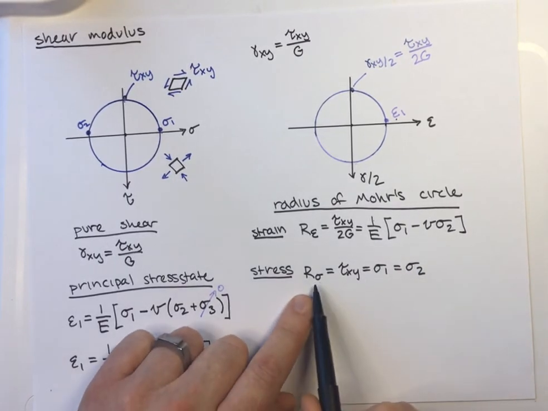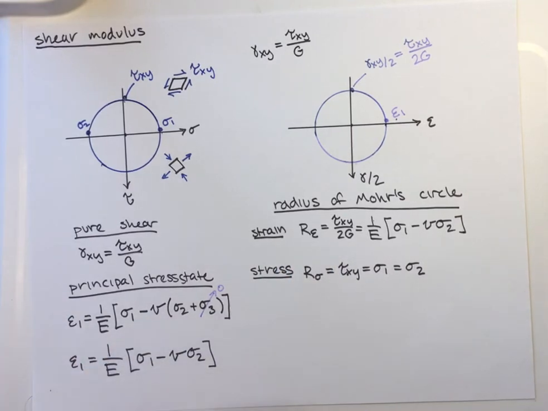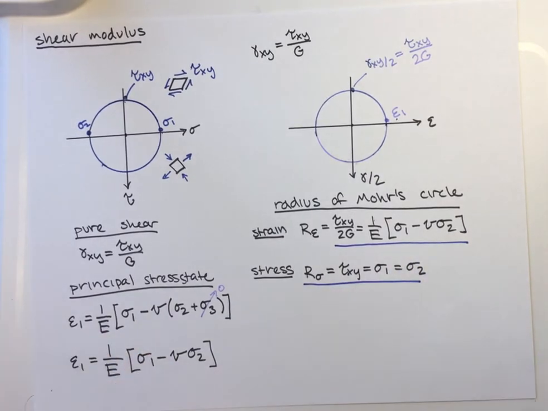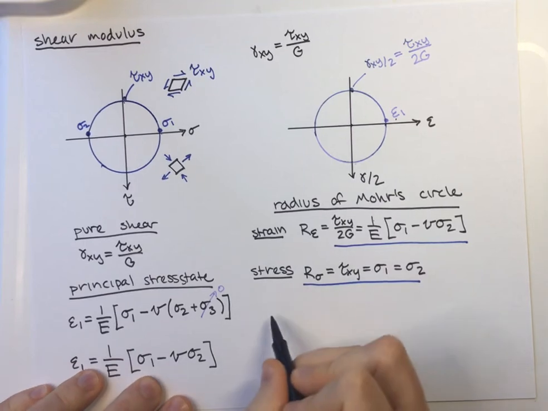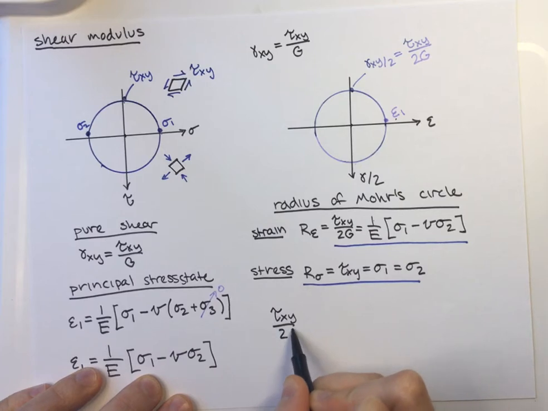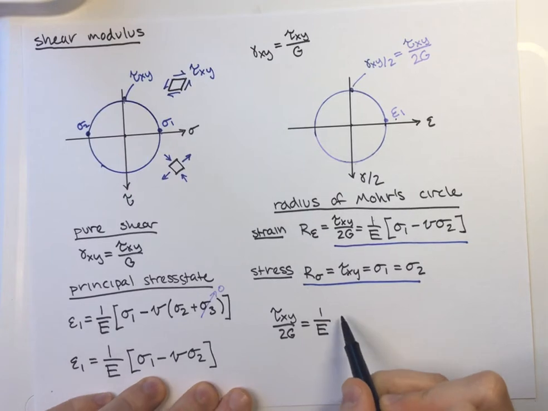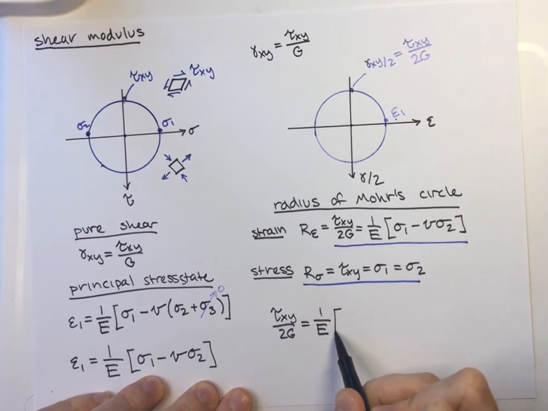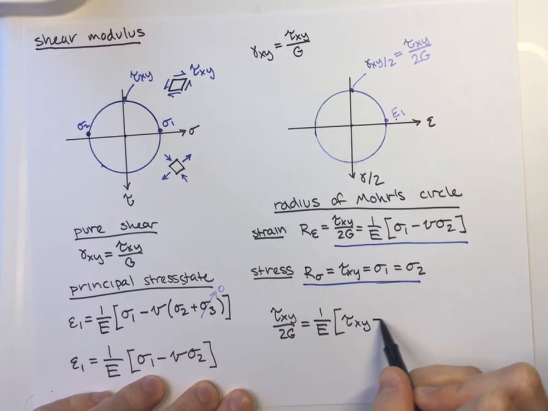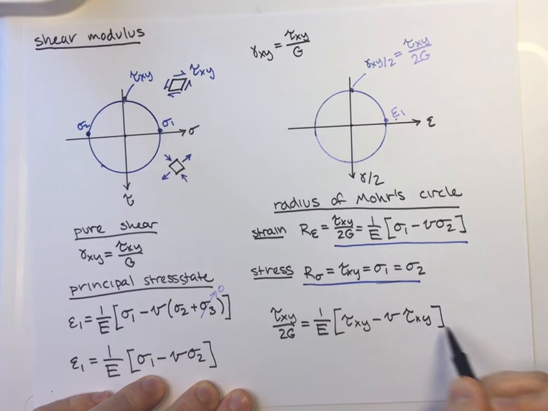And so now, armed with this information, if I go back to this expression up top, I'll underline this here. We know we have to deal with those there, and we can write this new expression. So tau xy over 2G equals 1 over the elastic modulus times, now we're going to use these equalities, tau xy minus nu, Poisson's ratio, tau xy again.